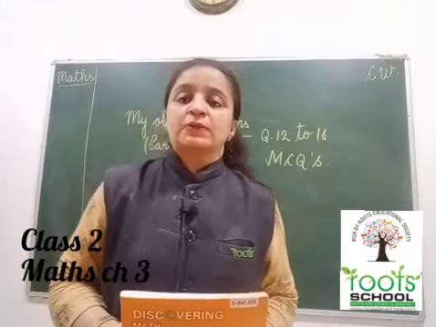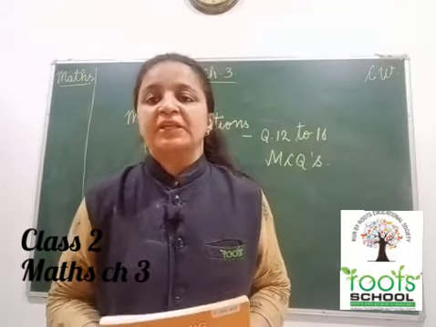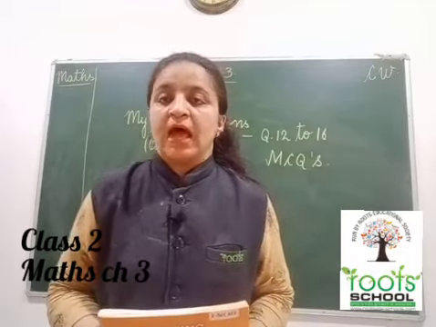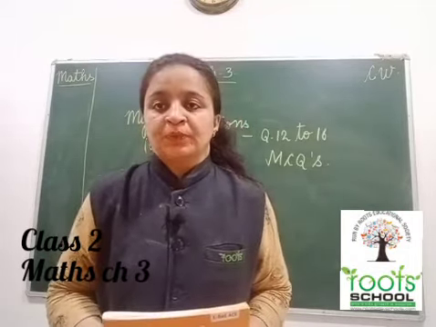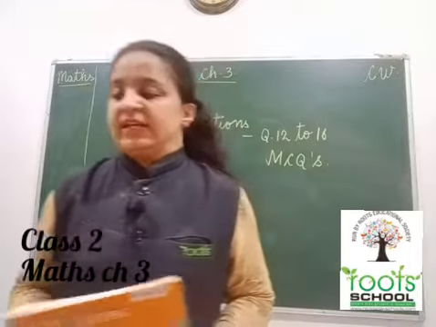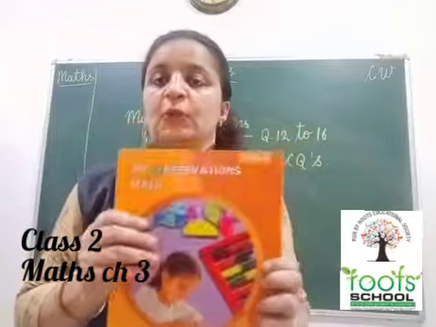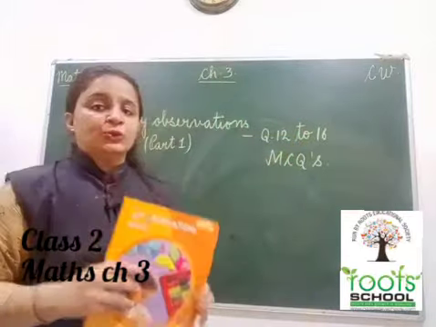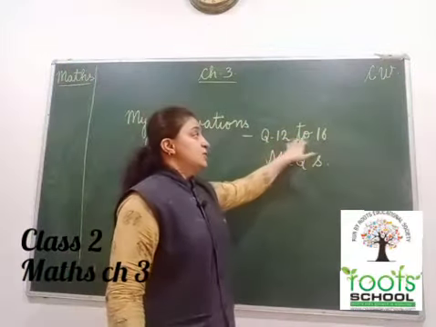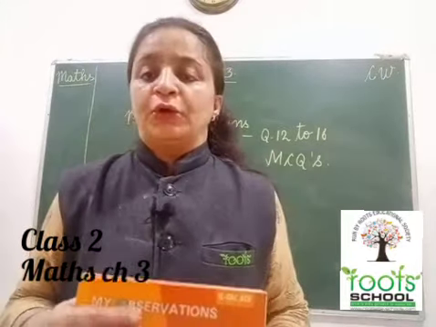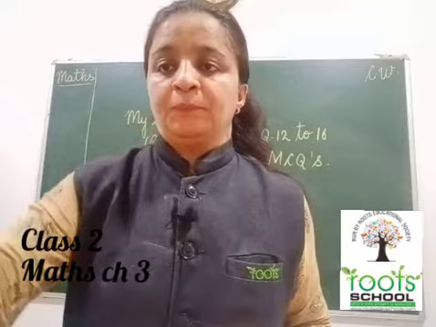And we have also learned how to represent a number on the abacus, expanded form, and backward counting too. So there are a few questions left in my observation book. In this session we will be doing question number 12 to 16 and MCQs. Then we'll move on to chapter number 4.